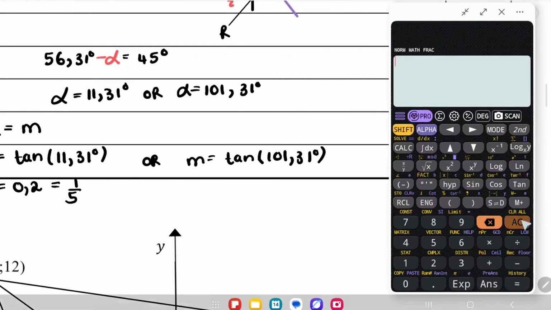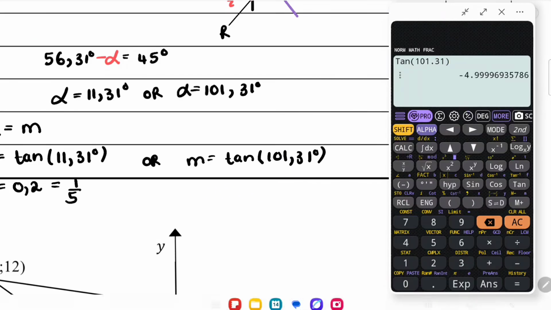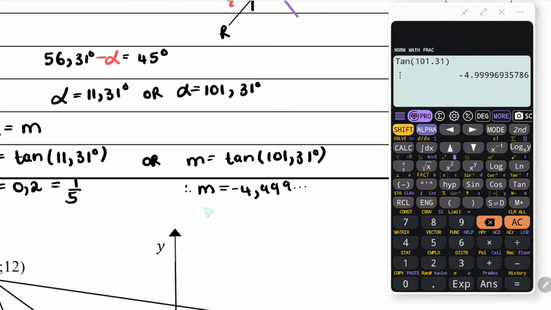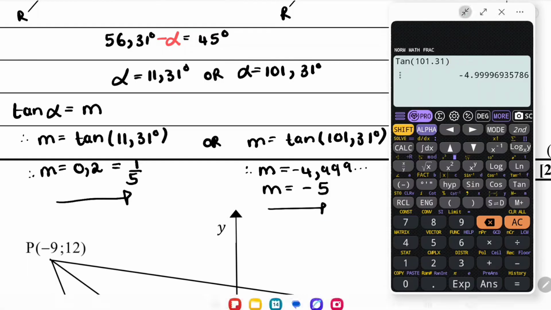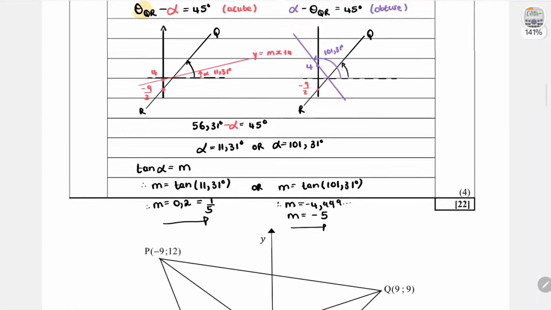The second, we would just have to change that to 101.31 degrees. So tan 101.31 degrees equals negative 4.999. That is just going to round up to 5. So negative 5. And that is what the gradient could be. It could be 1 over 5 or negative 5. And that is our answer.